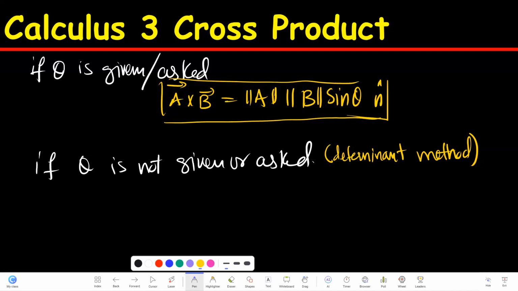So let's talk about the easy method first, and then we talk about the determinant method. We're going to be talking more about the determinant method than the other method. So I would say number one, number two.